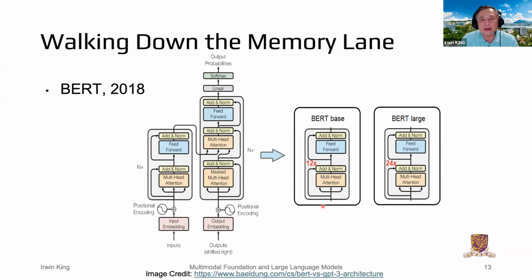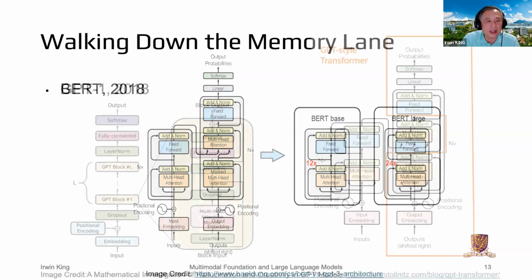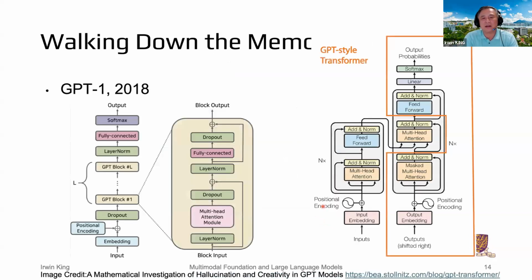And in 2018, the first version of GPT, generative pre-trained transformer model, was introduced. Here you can see on the left side the GPT-style transformer, which is slightly different from the one in 2017.